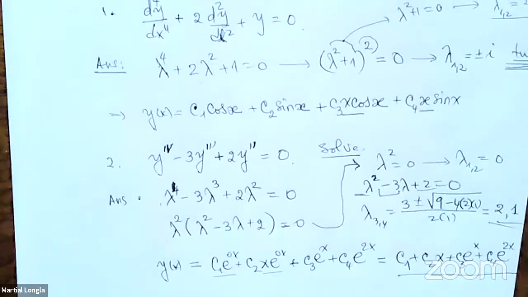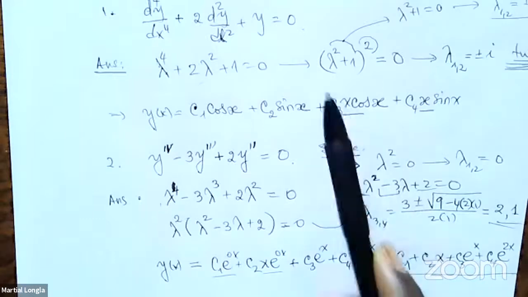Any other questions that you want to ask me on the material? Can you explain where lambda squared equals 0 came from? Did you just solve for that? For that, lambda squared equals 0, I get lambda equals 0 twice because the power is 2.